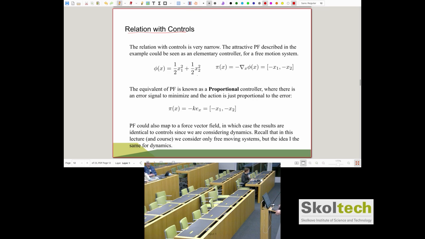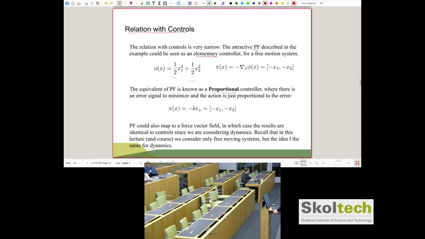So, let's say that this potential field could be understood as a very, very elementary controller, okay? In this case, what we have is this potential that we were just proposing, this derivative, and the equivalent could be just a proportional controller.